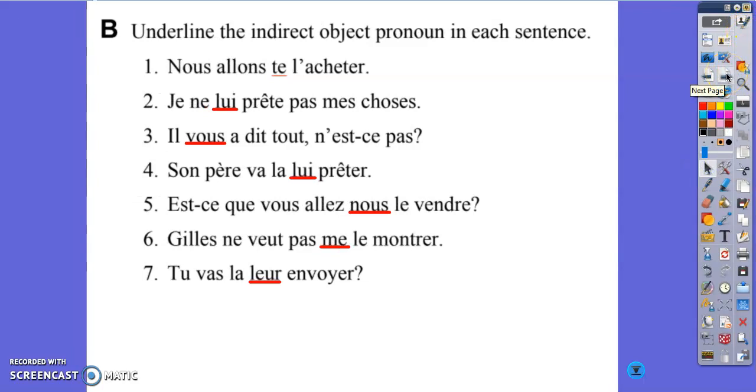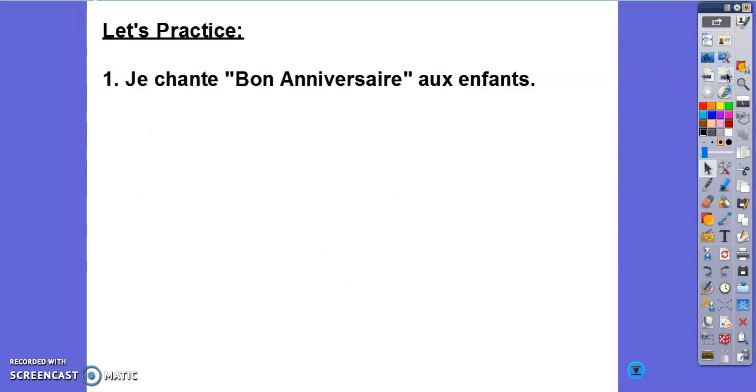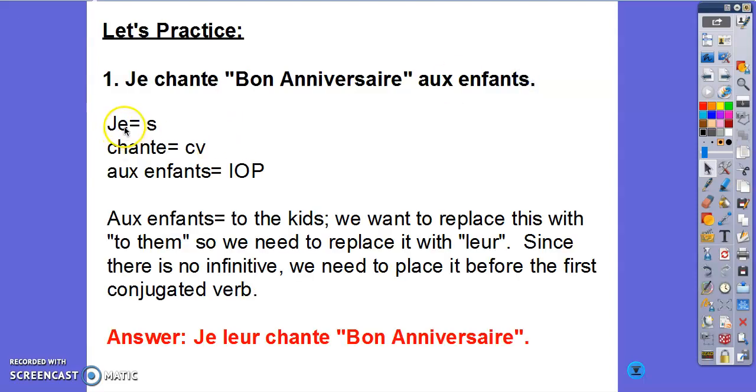All right. So let's do a little bit of practice. So pause the video and try to replace the indirect object in this sentence. Je chante bon anniversaire aux enfants. All right, let's discuss. Je is our subject, chante is the conjugated verb, and aux enfants is our indirect object.